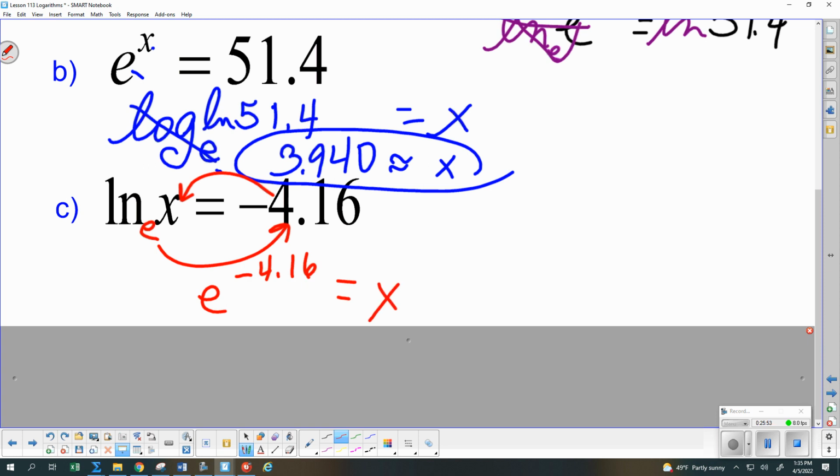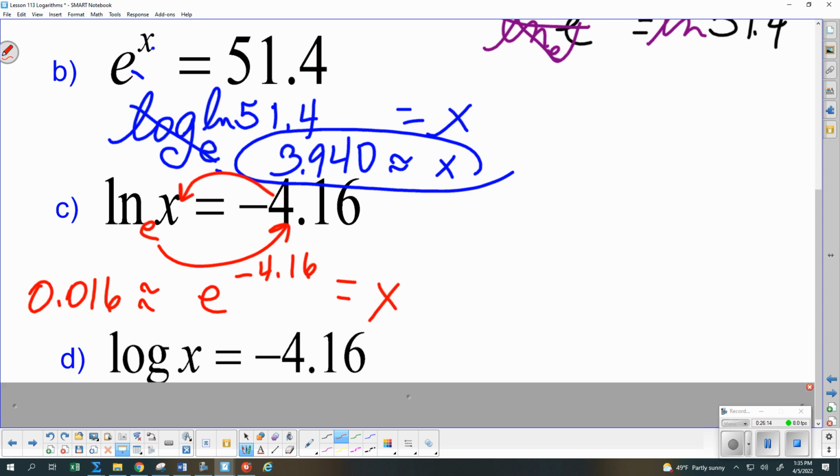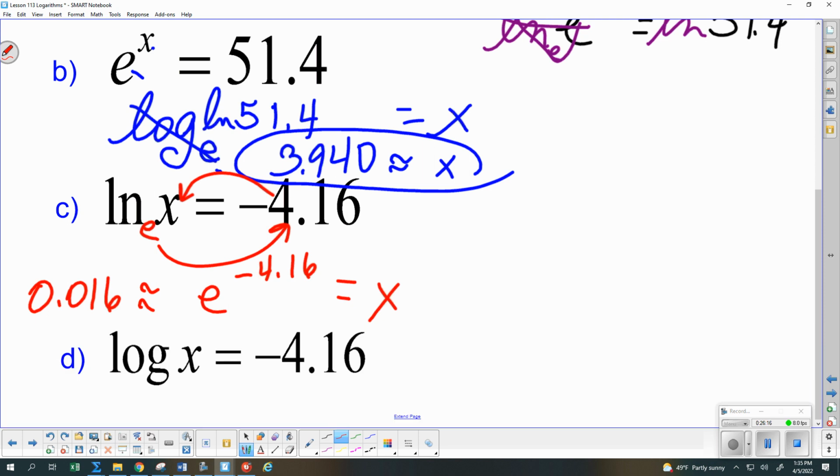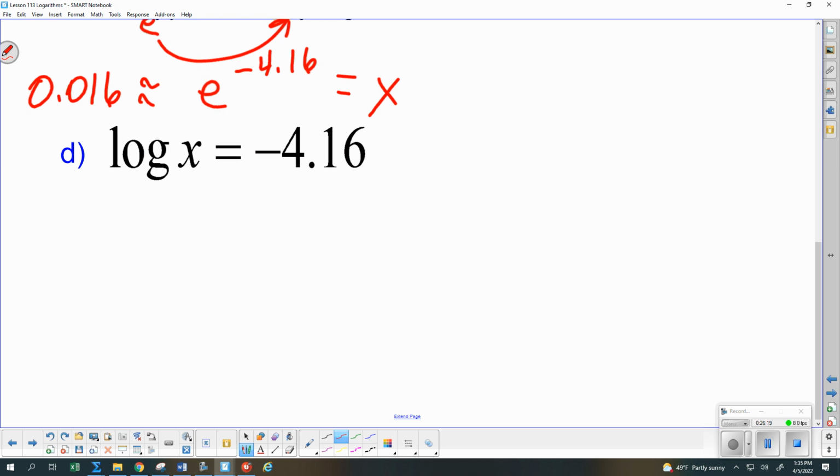So that's what I want to find. So then I punch that in on the calculator. Everybody punch that in. And Amelia, what do you have? Questions for that?